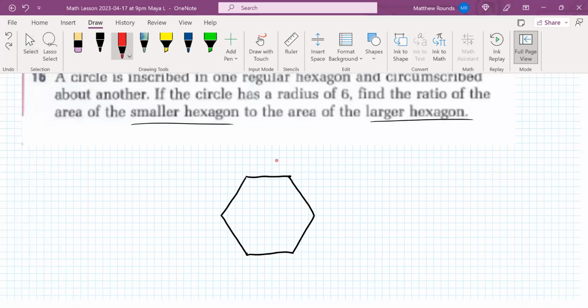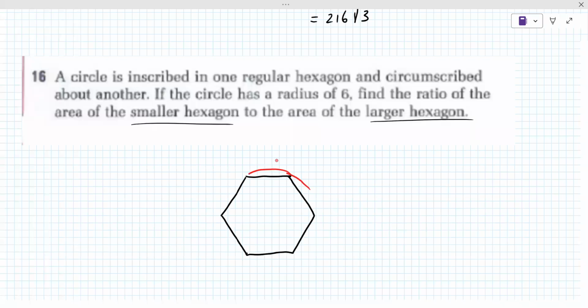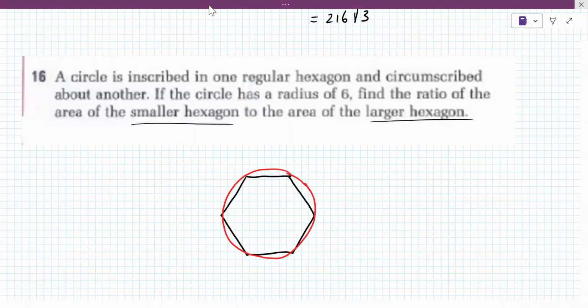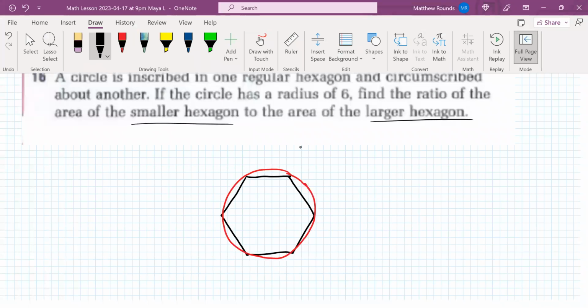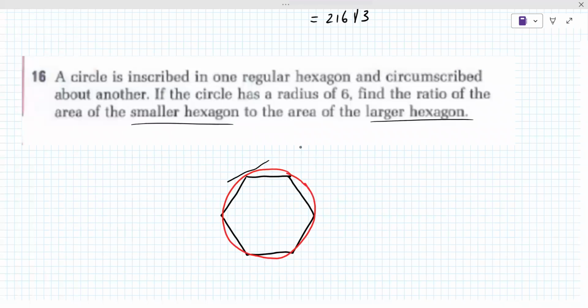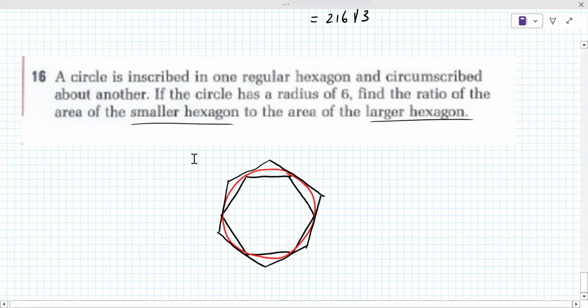It might help. Like that. And then there's another hexagon. Like this. This is kind of overwhelming when you draw it. There's so much going on.